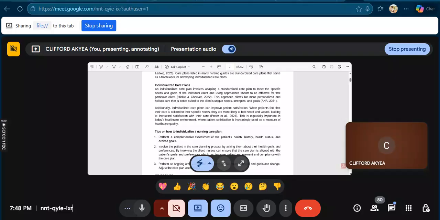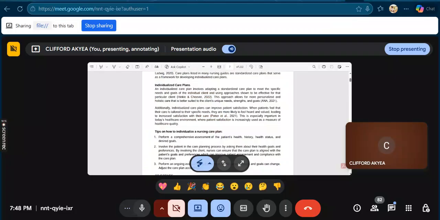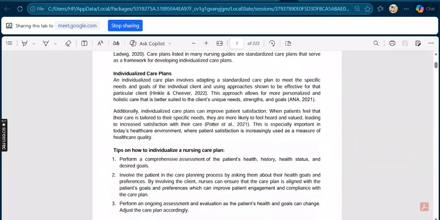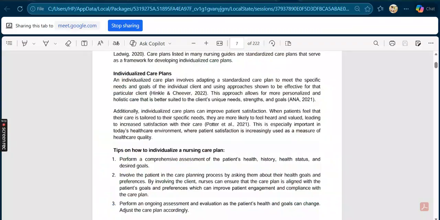Additionally, individualized care plans can improve patient satisfaction. When patients feel that their care is tailored to their specific needs, they are more likely to feel heard and valued, leading to increased satisfaction with their care. That is for SR 2021. This is especially important in today's healthcare environment, where patient satisfaction is increasingly used as a measure of healthcare quality.